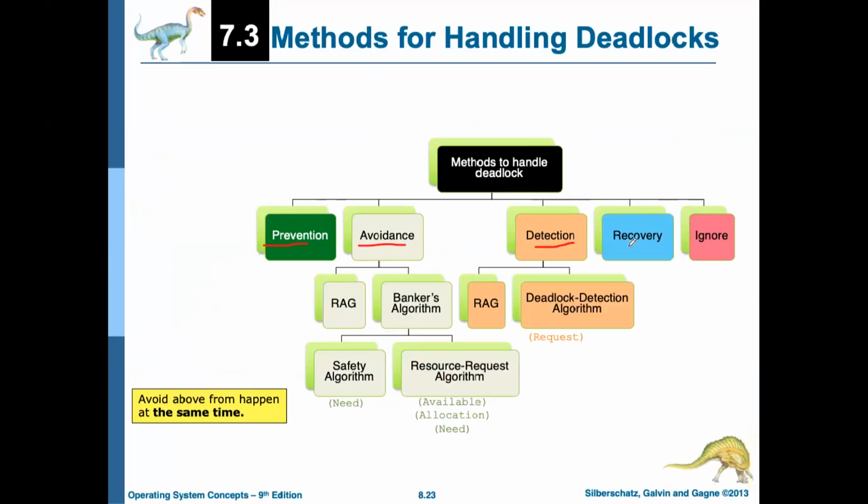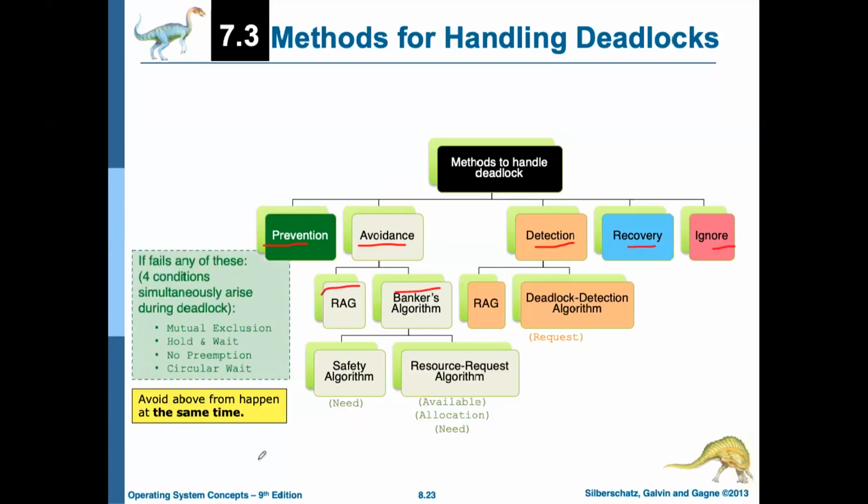So recovery, ignore, for example. We also have avoidance with the RAG here, and then we have the banker's algorithm. Until now, within 5 years we can see methods to handle deadlock, for example.